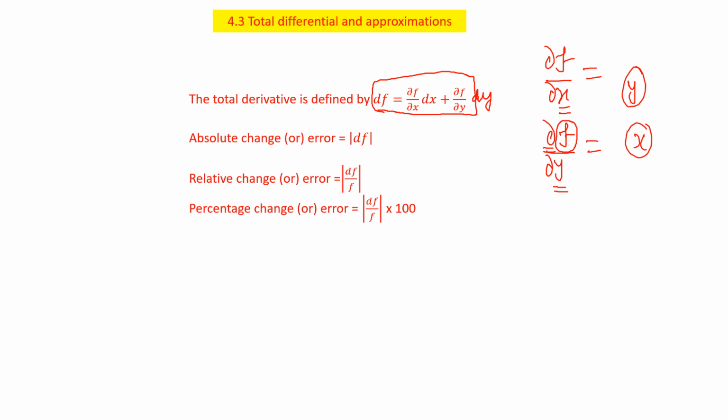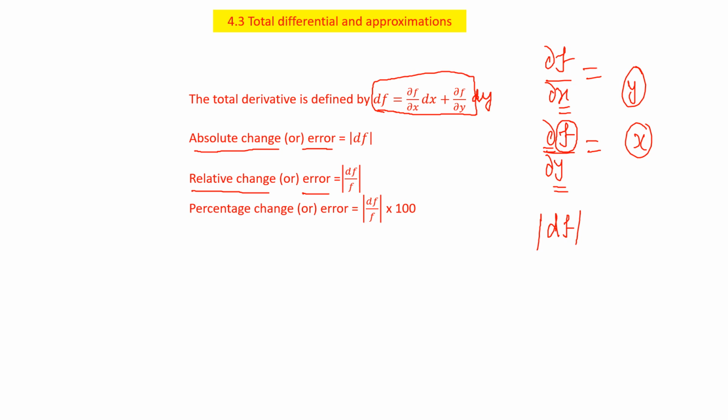In this chapter, we are going to talk about three important changes or errors, I can say. The first one is called absolute change or absolute error. It is denoted by the absolute value of df, or I can say it is denoted by the absolute value of the total derivative of the function. Second one is called relative change or relative error.